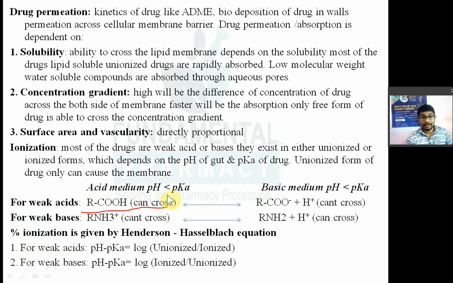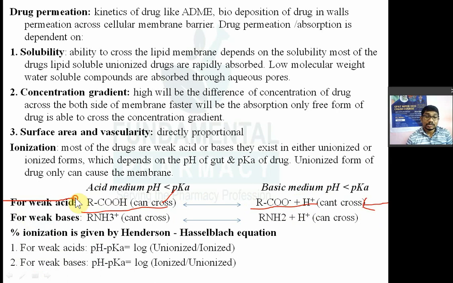Now for weakly basic drugs, what will happen? Weakly basic drugs will get ionized in the acidic pH, that is, in the stomach they will be ionized. And you know the ionized form of the drug is less lipid soluble and cannot easily cross the cell membrane barrier.